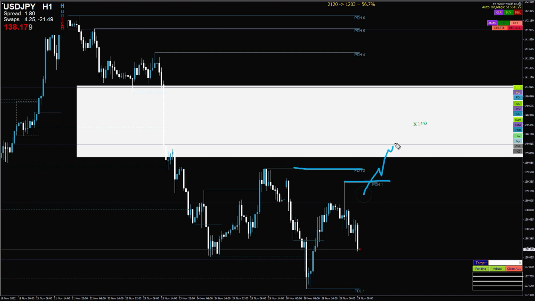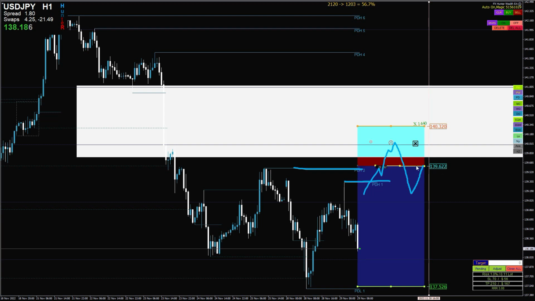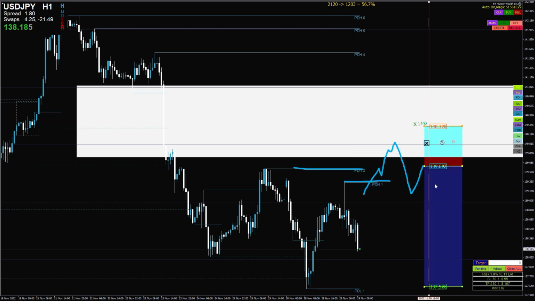So if the price comes here, then I get the break of the structure, then I'm looking for the pullback, right, and then short, right, in here, and expecting the price to drop, right? So always trying to put everything into the context with the higher time frame and execute on the lower time frame.